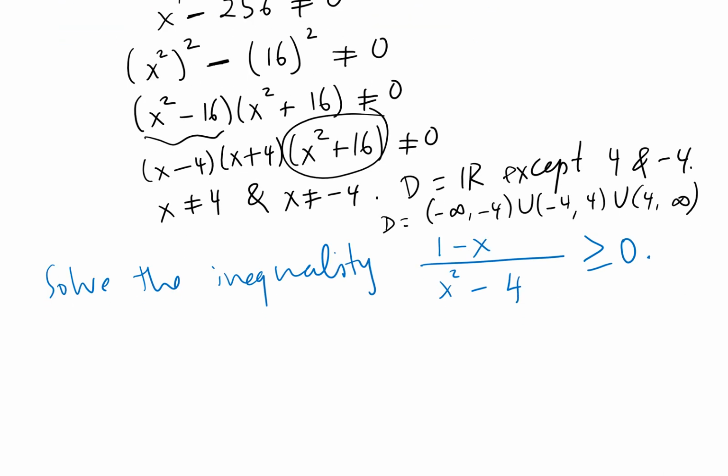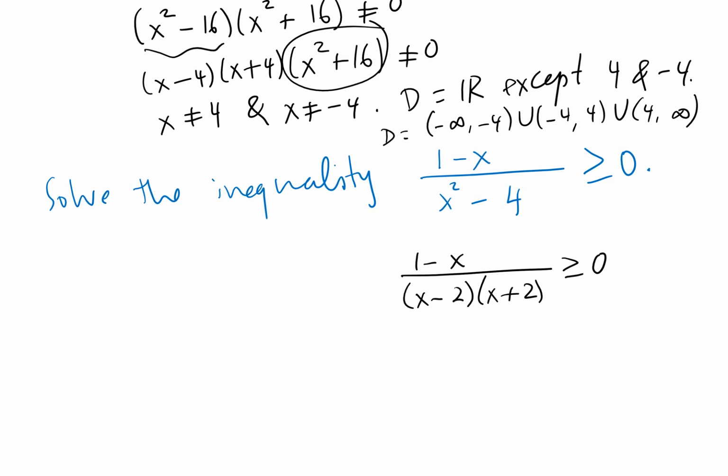Next one, how do we solve an inequality like this? Always, when working with inequalities, try to factor as many things as possible. So this is x minus 2, x plus 2, bigger than or equal to 0.